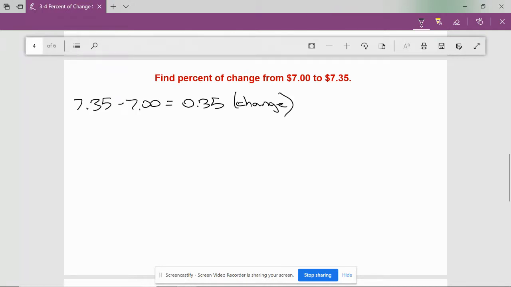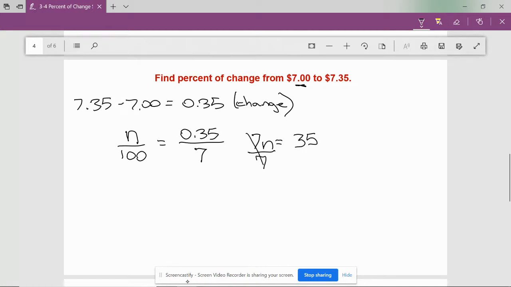When we plug this into our equation, remember we're looking for a percent, so that's our variable over 100. It's going to be equal to 0.35, which is our amount of change, over our original, which is $7. So we put that over 7. When we figure this out, 7n equals 100 times 0.35, which is 35.